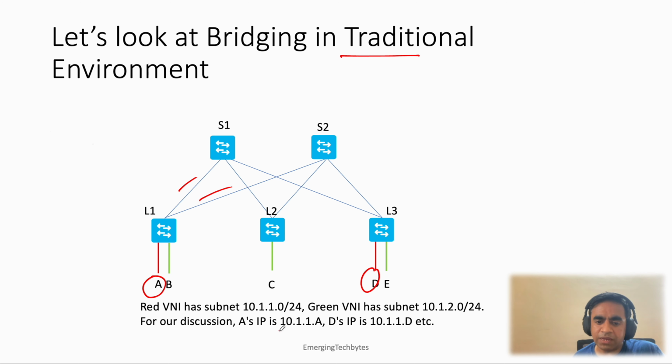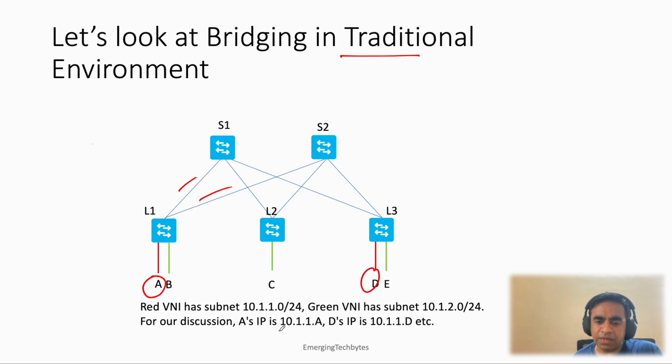So in the traditional network, when A just came online and D just came online, it is their first conversation. A doesn't know, because it is in the same segment, as is clear from the IP address also, that they need the MAC address to communicate, and it doesn't know that. So what will A do? A will follow the same strategy which Sunil followed to find out who is Ravi in the class.